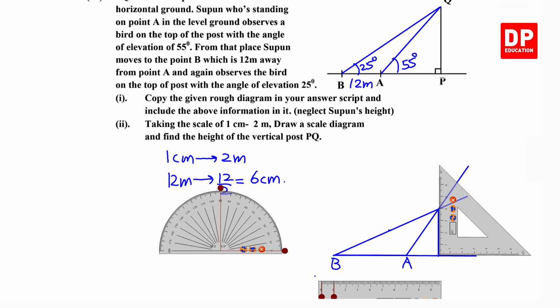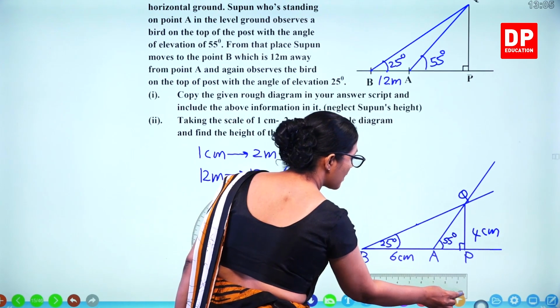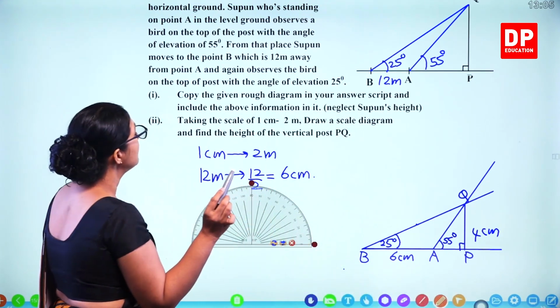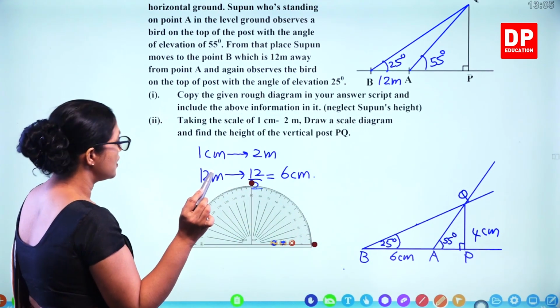What's the height? 4 centimeters. P, Q. And we found out this is 4 centimeter. And we marked this is 55. This is 25. And this is 6 centimeter length. Now they are asking what's the height of the vertical post.